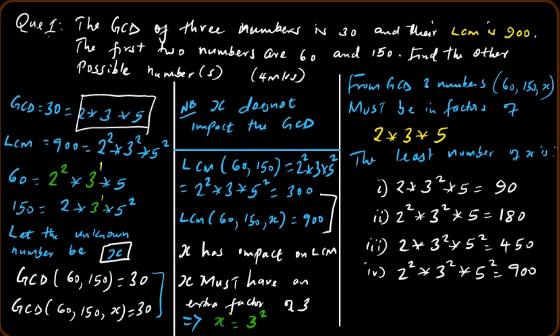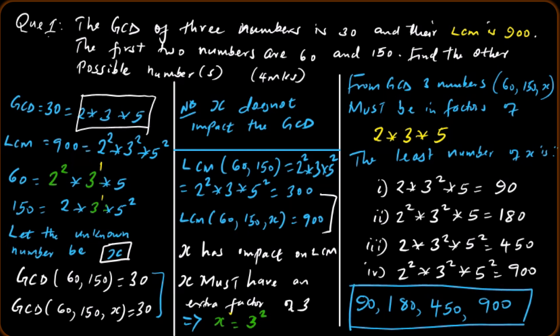So the factors here now, I can list them here, are 90. Other factors are 180, 450, and 900. These are the factors here. Okay. Thank you very much.